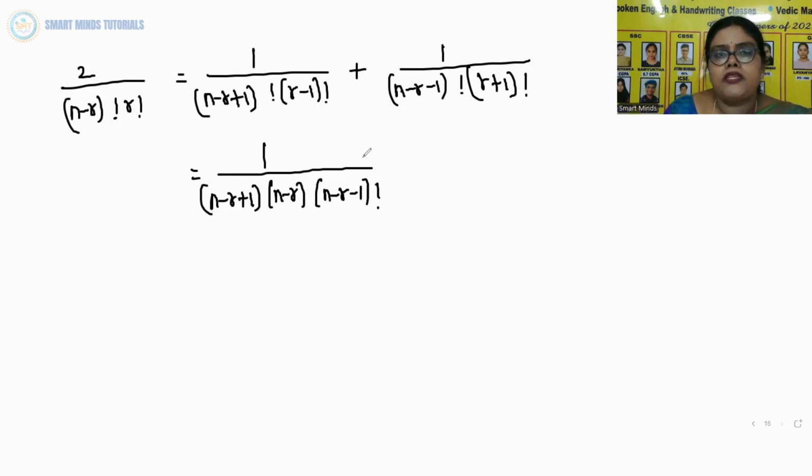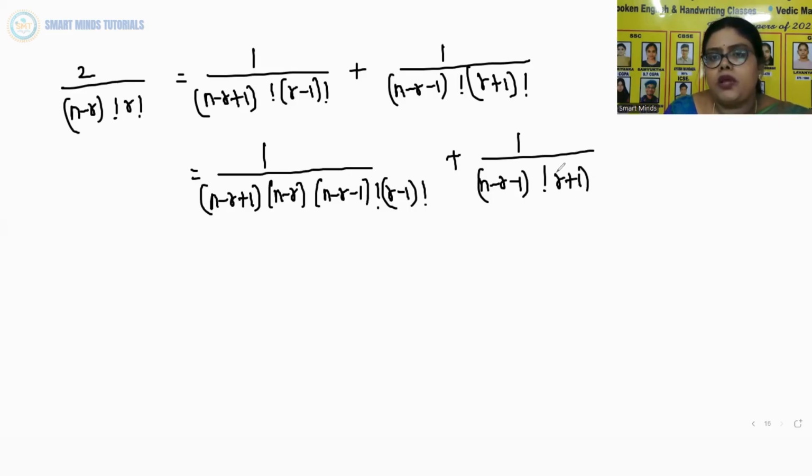Then here (r minus 1) factorial I am writing as it is. And here I will write (n minus r minus 1) factorial as it is. And r plus 1 I will start reducing until I get r minus 1. So (r plus 1) into (r minus 1) factorial.